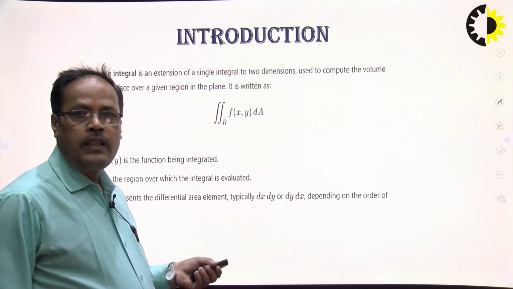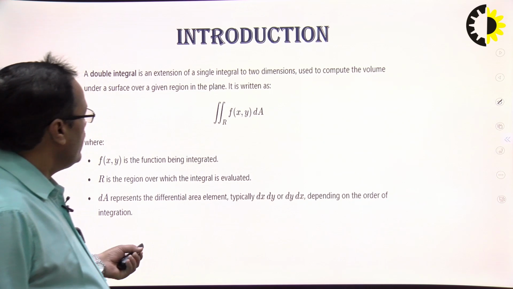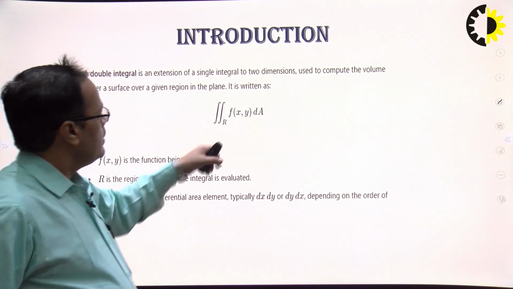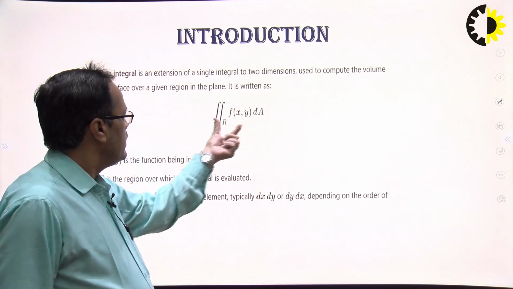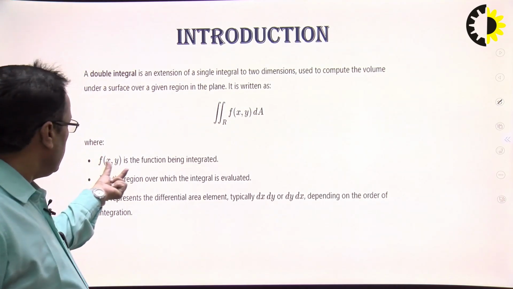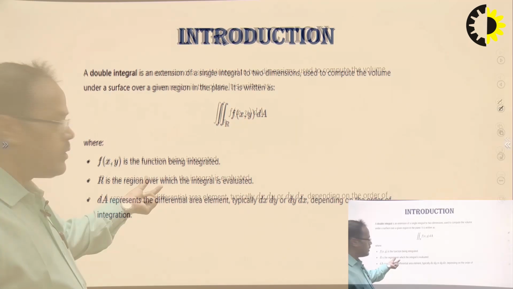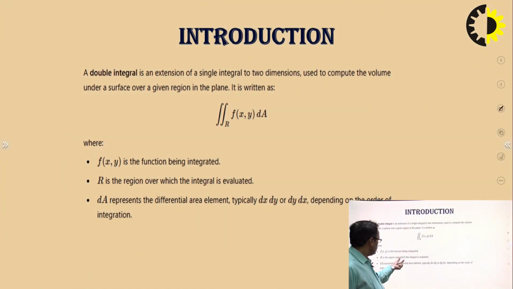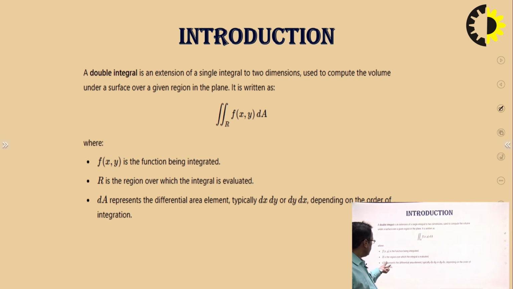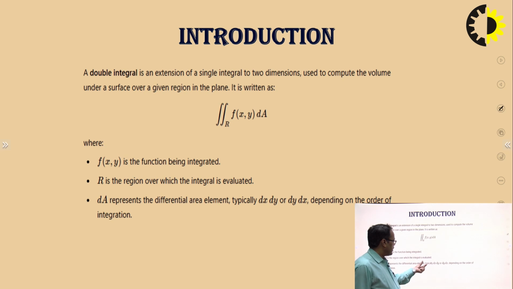It is written as the double integral over R of f(x,y) dA, where f(x,y) is the function being integrated, R is the region over which the integral is evaluated, and dA represents the differential area element, typically dx dy or dy dx, depending on the order of integration.